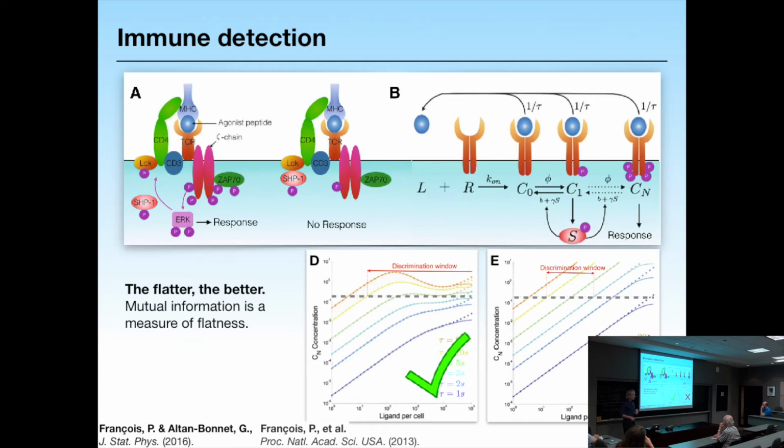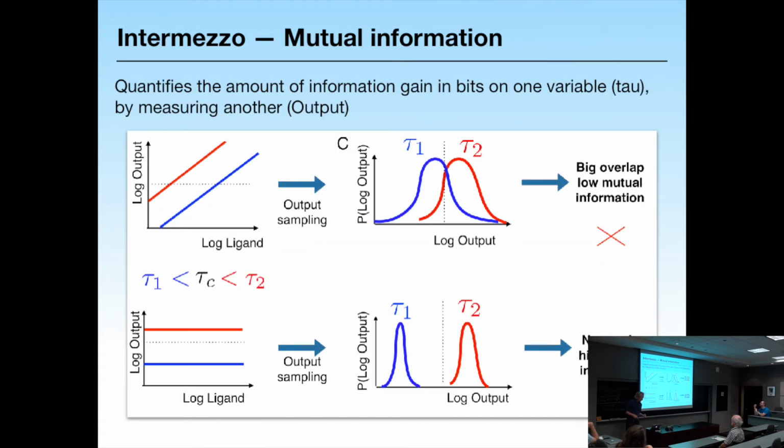So we have a quantification for this, which is the mutual information, which hand-wavy measures the flatness of these curves. And less hand-wavy, we can say that the mutual information is the amount of information we gain on the one variable, the binding time tau, when we measure the output variable, the output concentration.